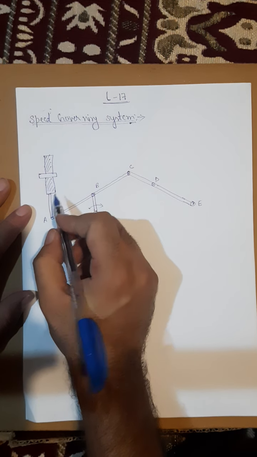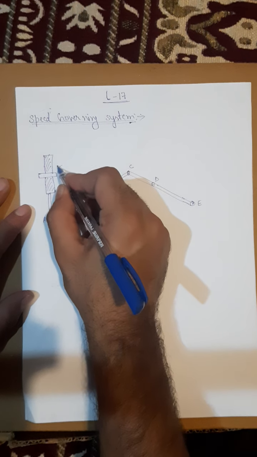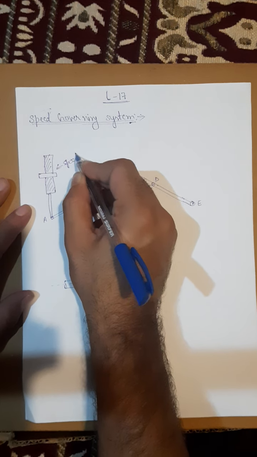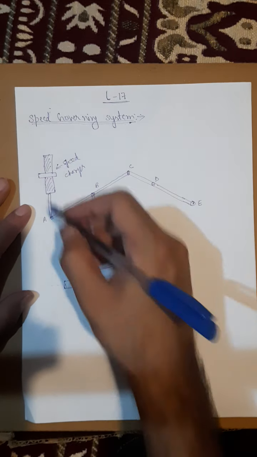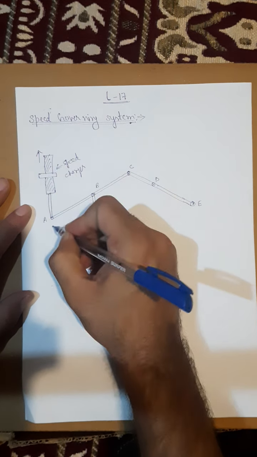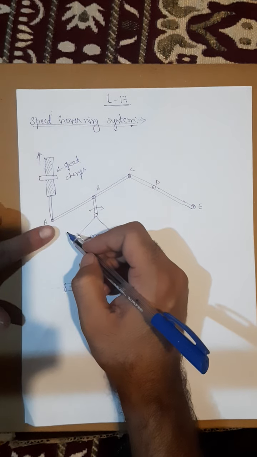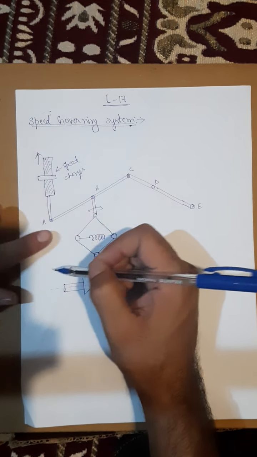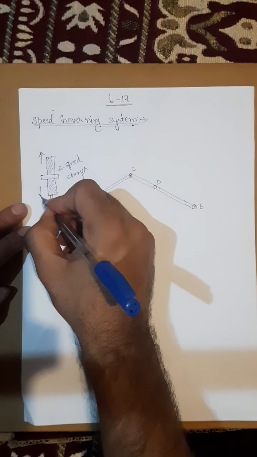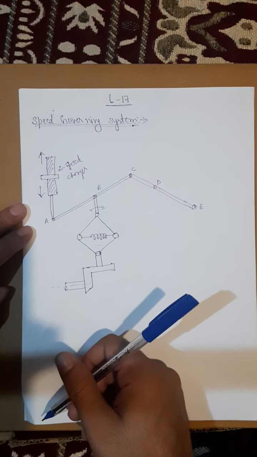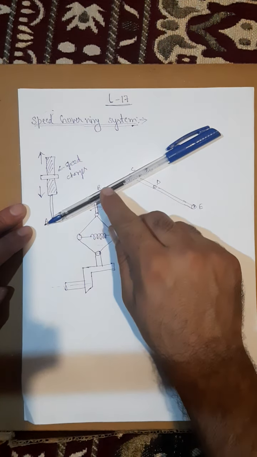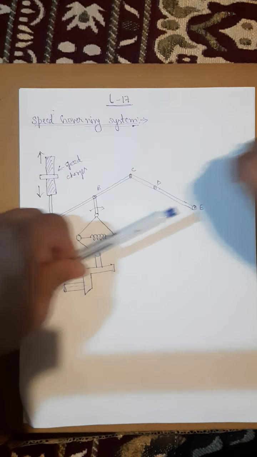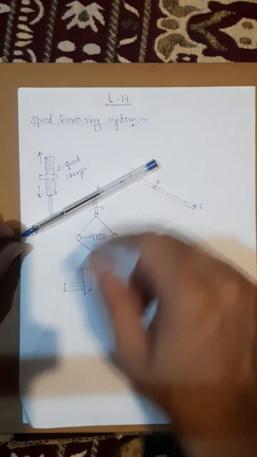With the help of the speed changer, we can move this point upwards or downwards. Like this is A, the center is B, and this is C.